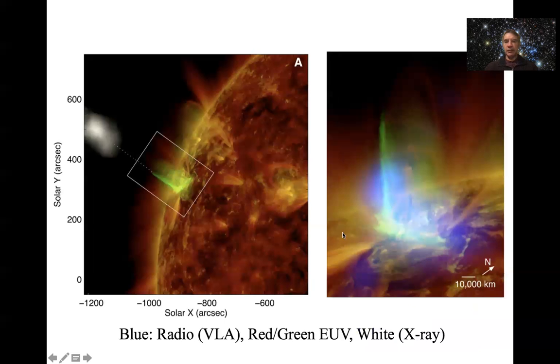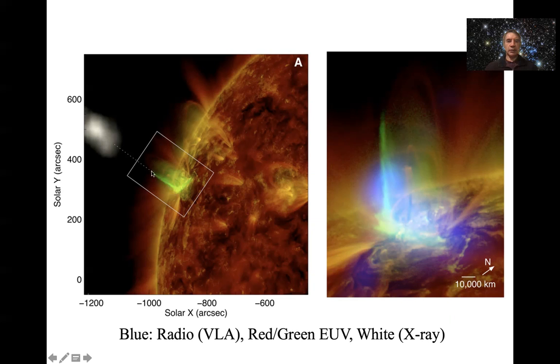So just to give you a flavor of what is being done with current instruments, again, this is an example from the VLA. Firstly, the picture on the left is not a radio picture. Here we've got, again, an ultraviolet picture of the sun, with the green colors highlighting one of these flare events. You can see material shooting upwards in this sort of vertical line here.